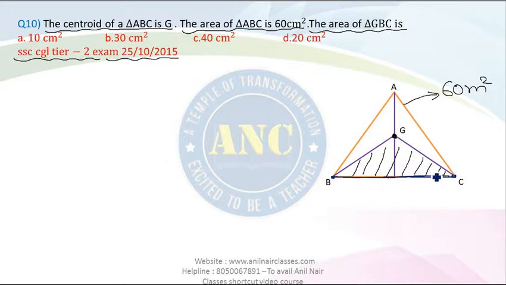That means in question numbers 7 and 8, the height of both the triangles was the same. Both the triangles were sharing the same height. In question number 10, both triangle ABC and triangle GBC have the same base. That means I can say that base is constant. I hope I am making sense for you, sir.